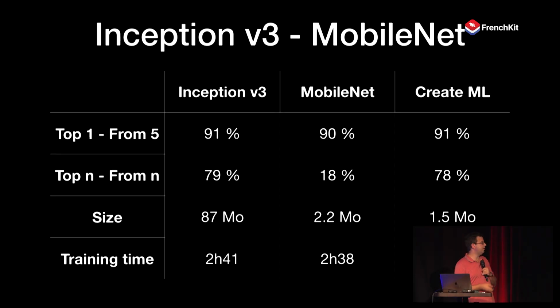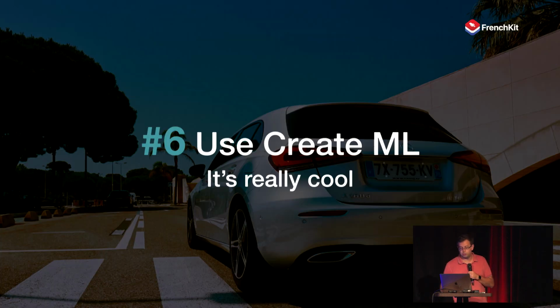It's really good in standard performances, but if I want to present a list of results to my user, it presents really strange results, so I can't use it like that. So CreateML produces a model with the size of a MobileNet model, but with the performances of an Inception v3 model. So it's a really good tool, use it.